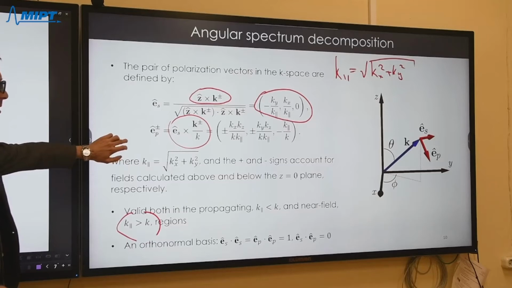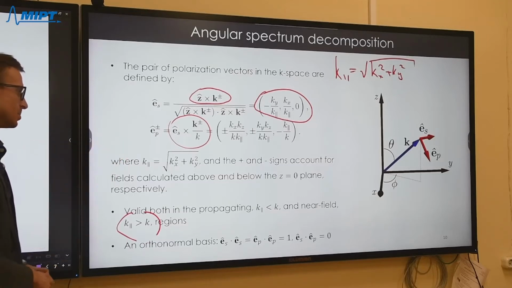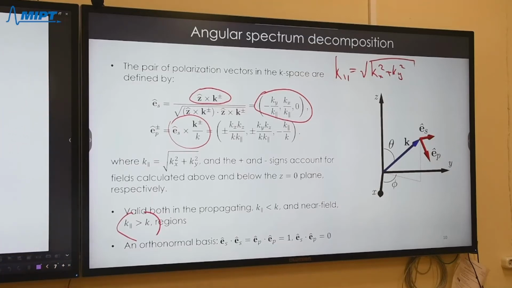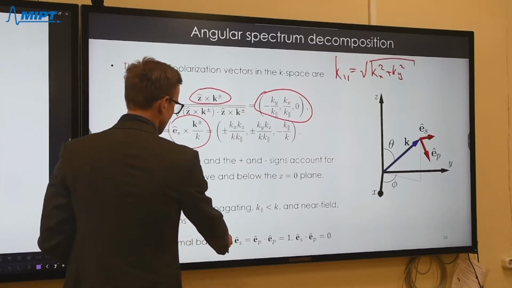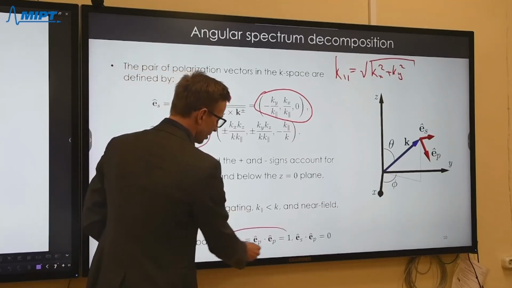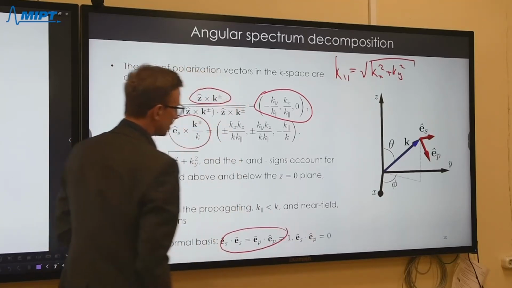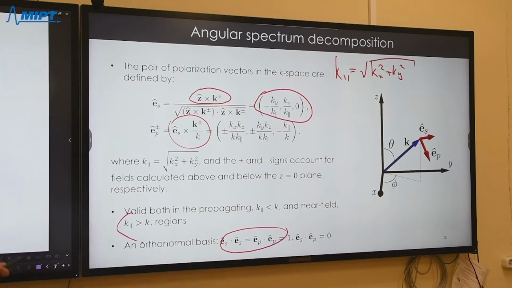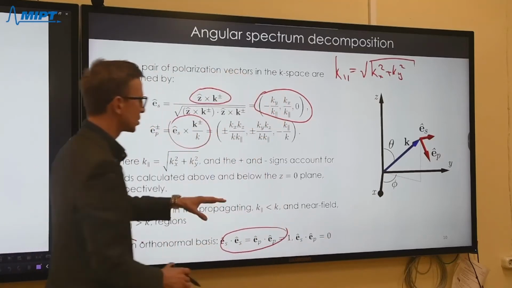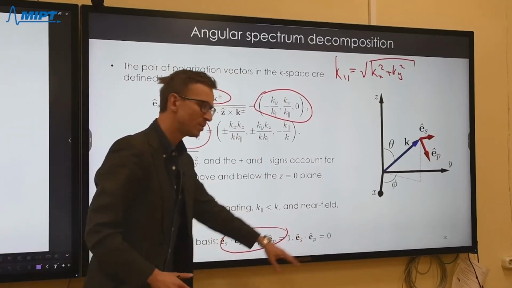Moving on, another interesting property is that these expressions describe an orthonormal set of polarization vectors, that is, ES dot ES, and the same for P polarization, equal 1, whereas ES dot EP equals 0, which expresses the fact that they are perpendicular to each other in the generalized sense of the dot product, because not always will these vectors be real valued.